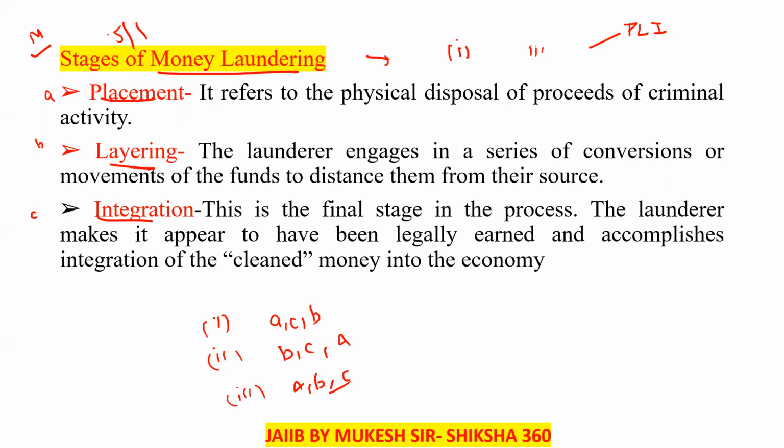Just remember profit linked incentive: P for placement, L for layering, I for integration. So this is the sequence: placement, layering and integration. Please remember this, it is very, very important. Now let's discuss all these terms one by one.